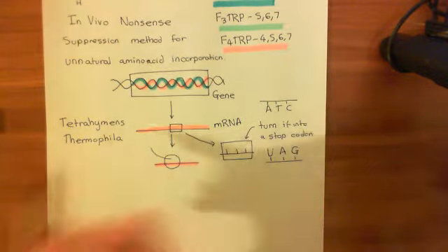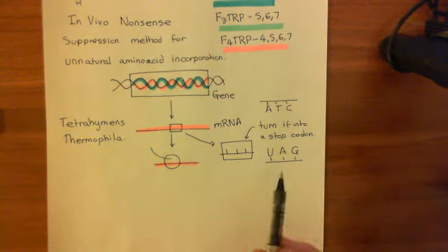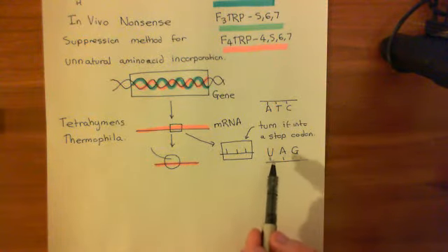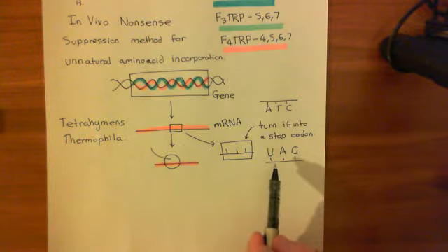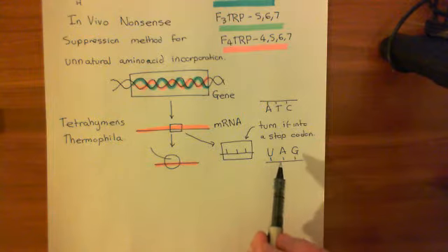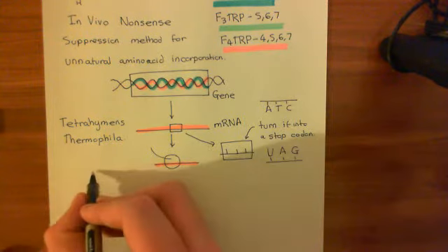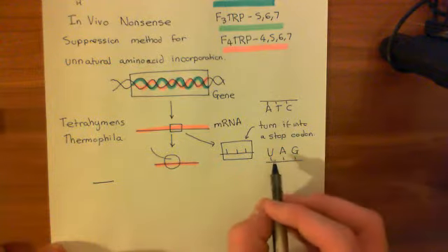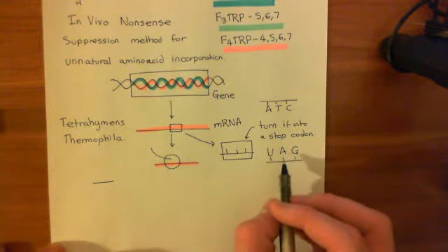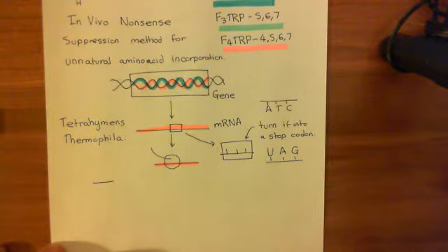So Tetrahymena thermophila basically does not use this sequence of organic bases on mRNA as a stop codon. Instead, it has a tRNA with the complementary anticodon to this, because usually in vertebrates, when you have a stop codon, you have no tRNAs with complementary anticodons to that stop codon, and that's how it triggers the halting of the translation.